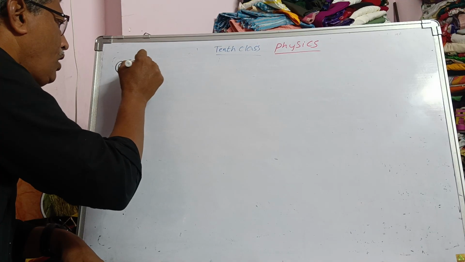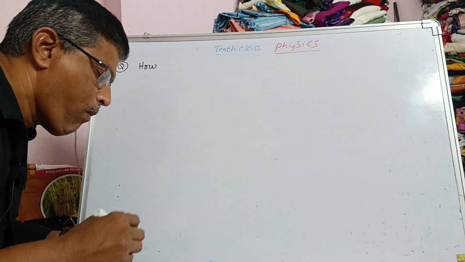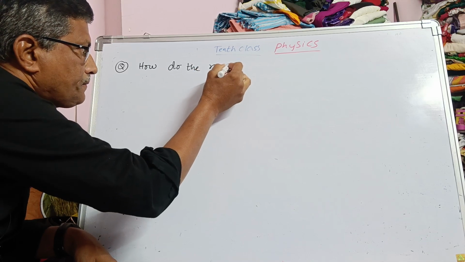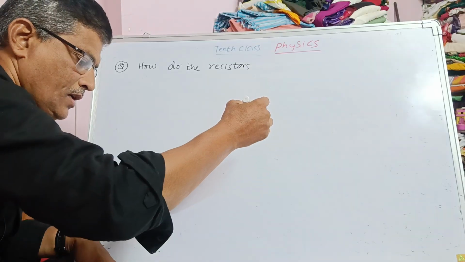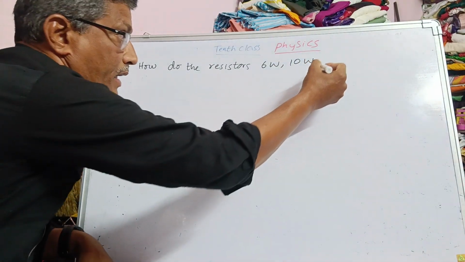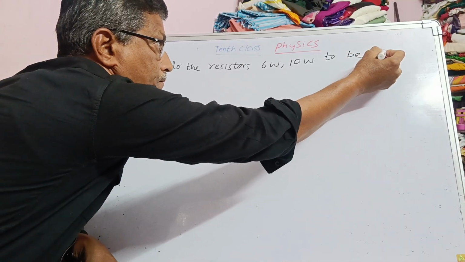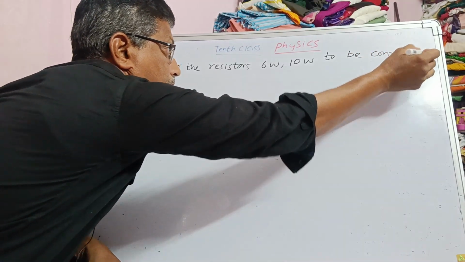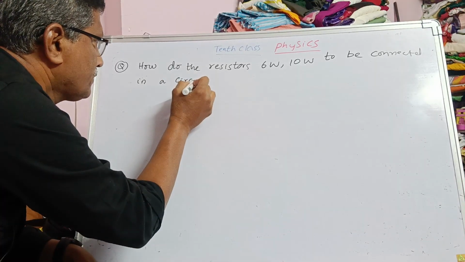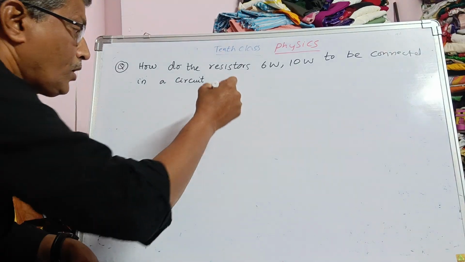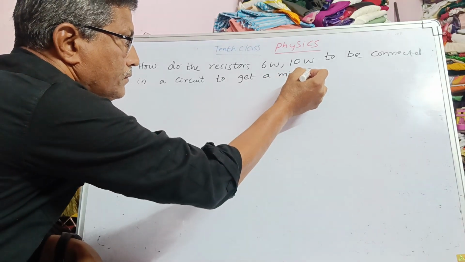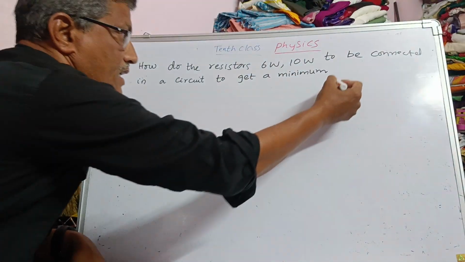One more question. How should the resistors 6 watts, 10 watts be connected in a circuit to get minimum resistance?